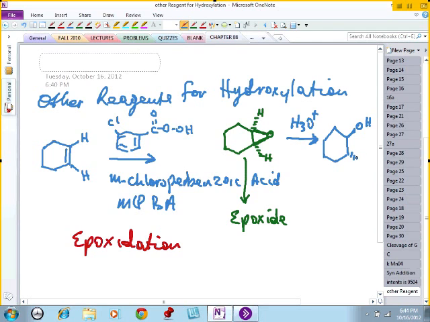This time, the 1,2 diol, the two hydroxy groups, will be trans to each other. This is hydrogen, of course, hydrogen. So therefore, to form the trans product, trans 1,2 diol.